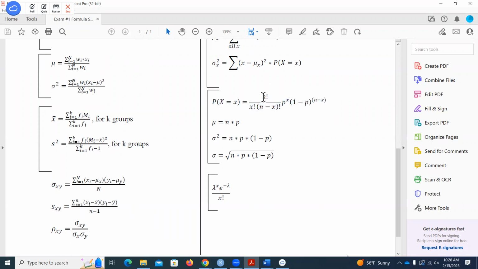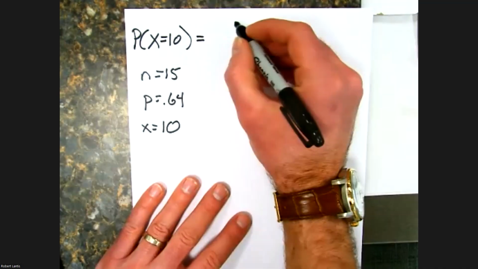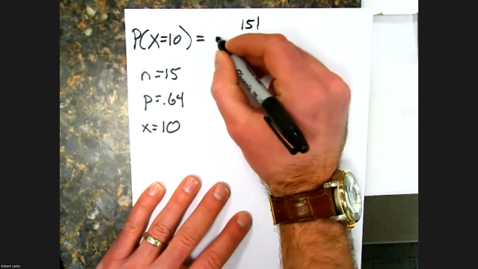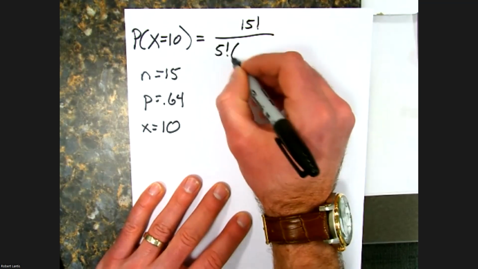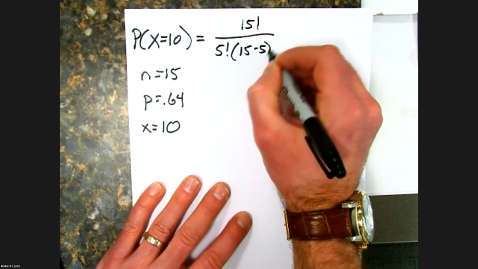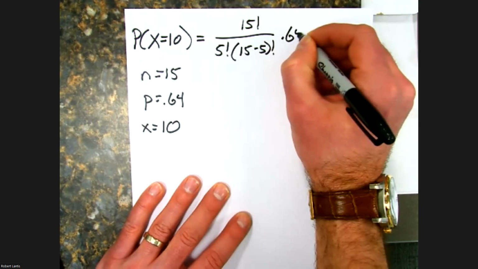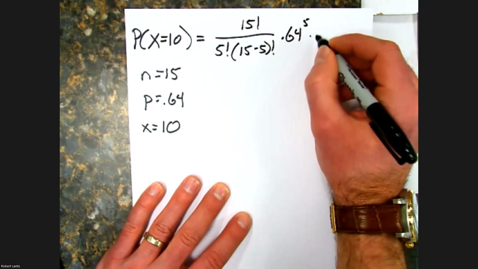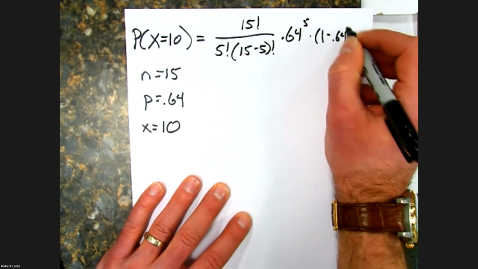In this case, we wanted 10 out of 15, right? So all I'm going to do is start plugging in my values here. My N is 15, my X is 10, my P was 0.64, right? So I just start writing this out. N factorial over X factorial times N minus X factorial, probability of success to the X power times 1 minus that probability of success.